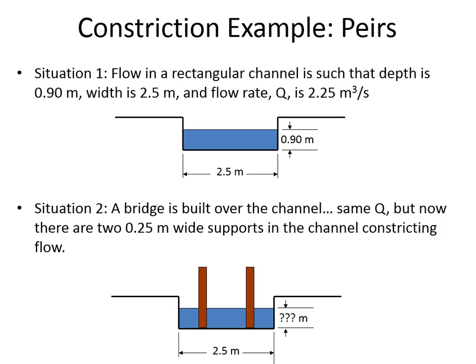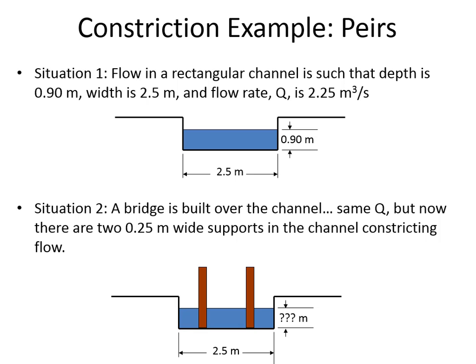So it'll be y2 plus 2.25 cubic meters per second squared divided by 2g, and then the area is going to be 2 meters of width times the unknown flow depth y at 2 squared.